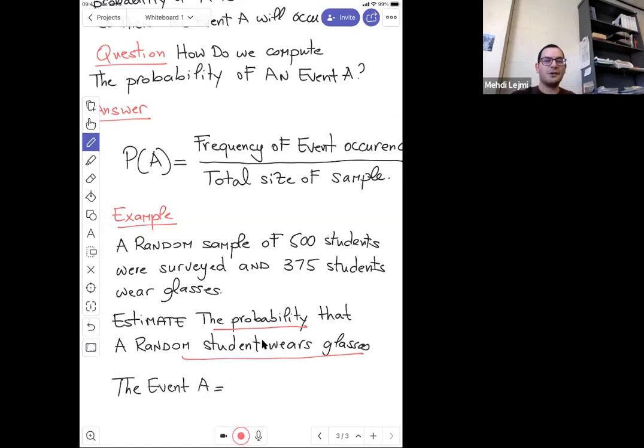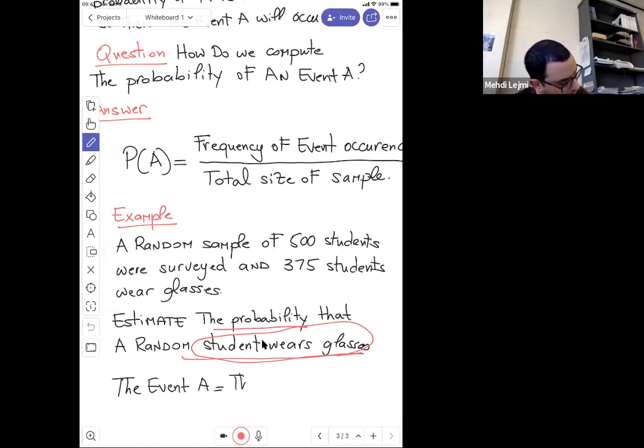I'm looking for the probability that a random student wears glasses. So what's the event A here? We're interested in the students wearing glasses. So this is when a student wears glasses. That's my event A. So the event A is that the student wears glasses.